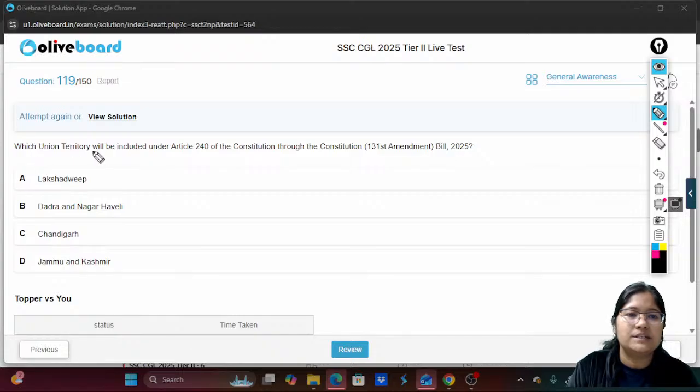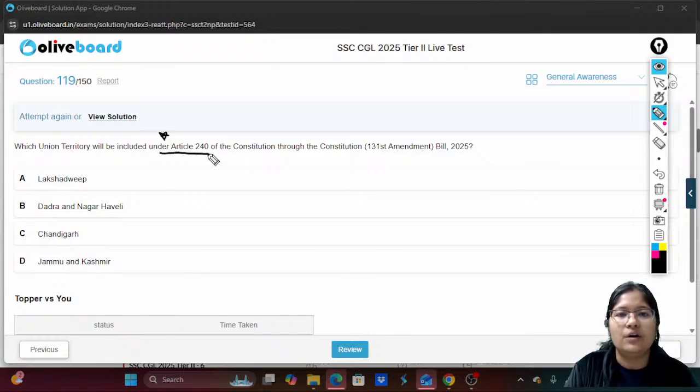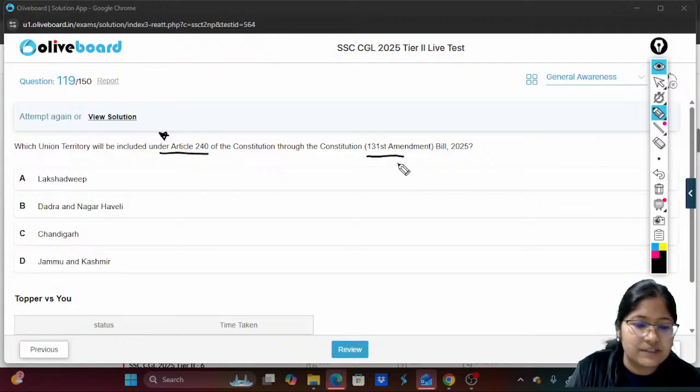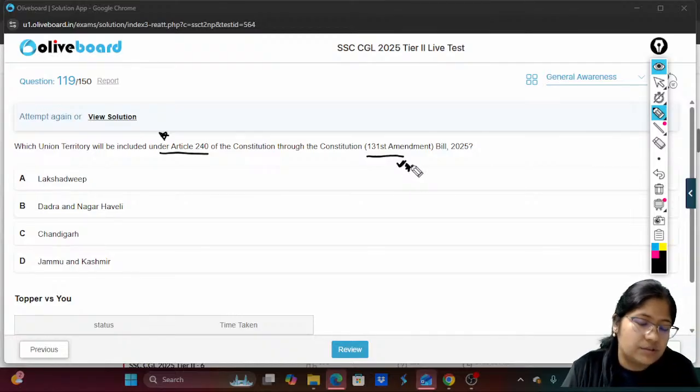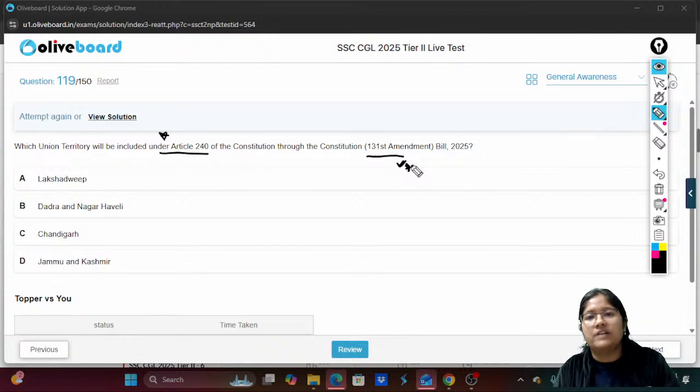Which union territory will be included under Article 340 of the Constitution through the 131st Amendment Bill 2025? Please try to give the answers in the chat box also.